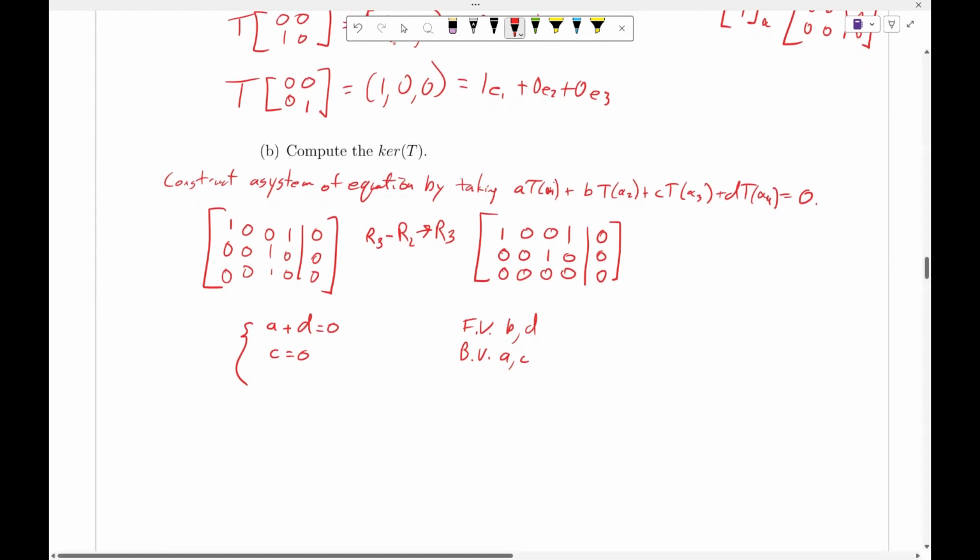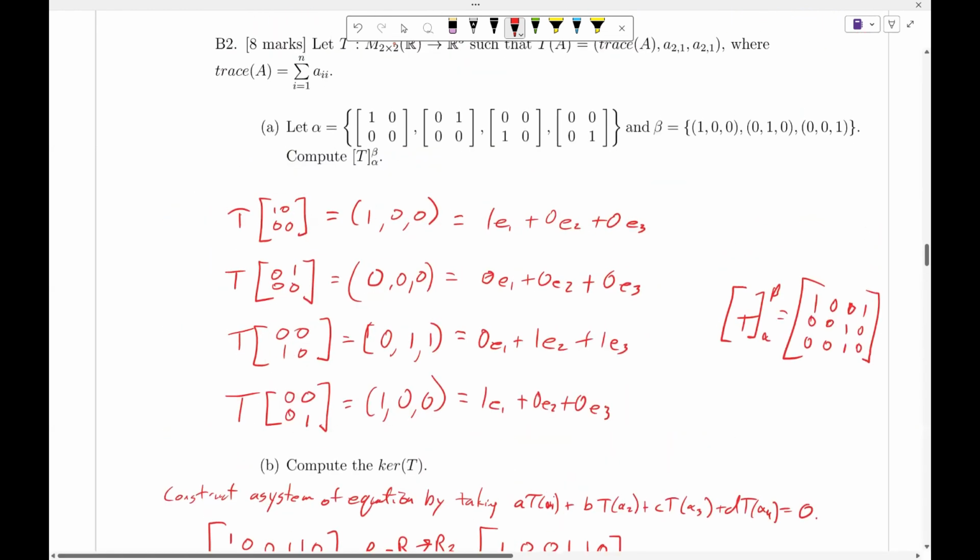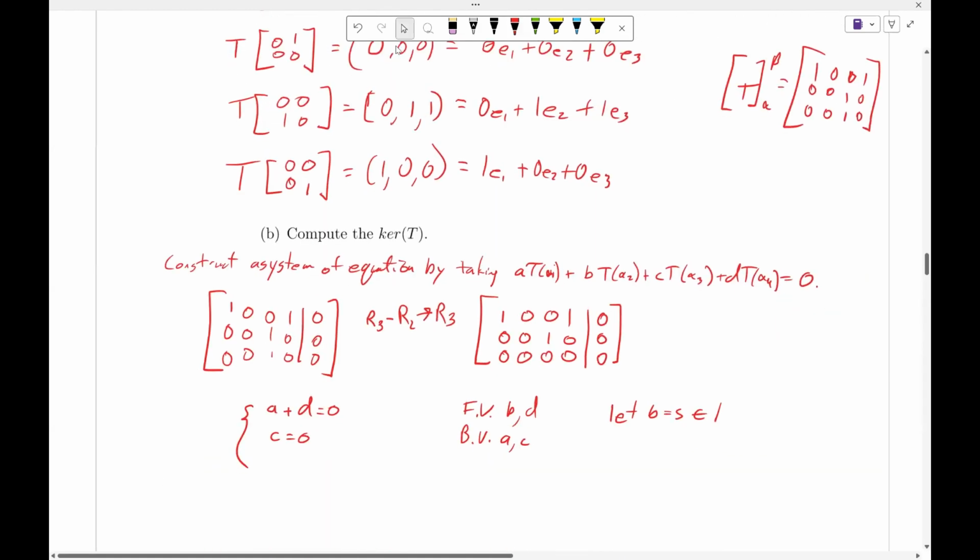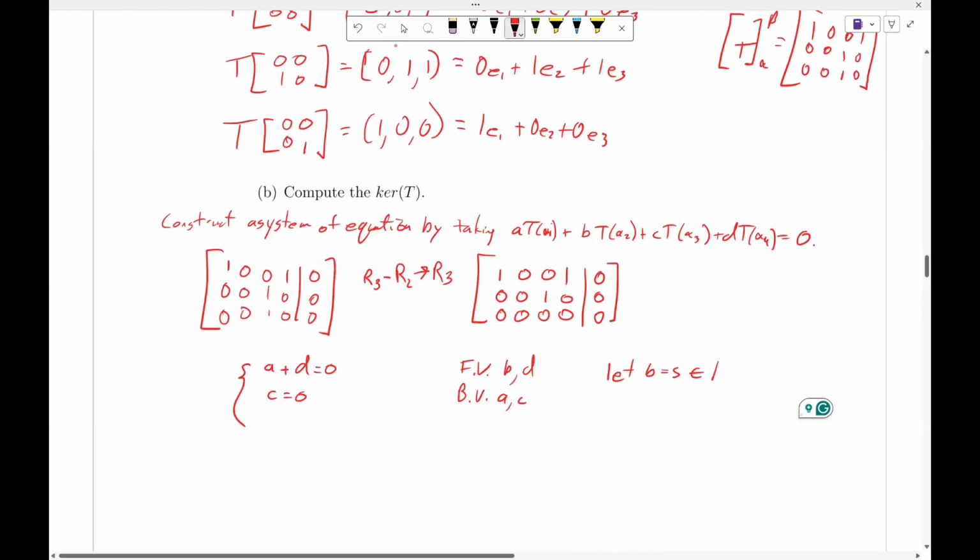Because we have our free variables B and D, we're going to let B equal S, which is a scalar. Here we're told that the scalars are the real numbers, so we need to let S be a real number, and D equal T, which is also a real number.